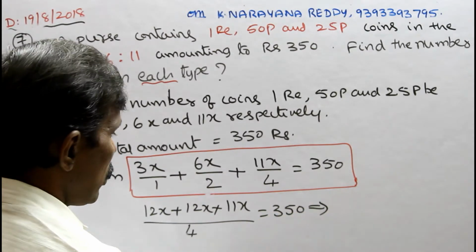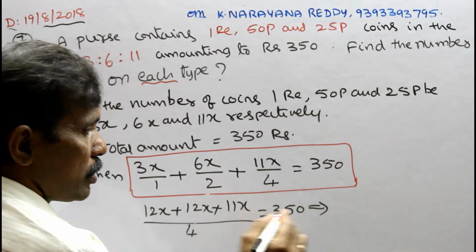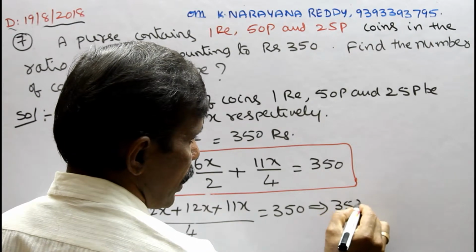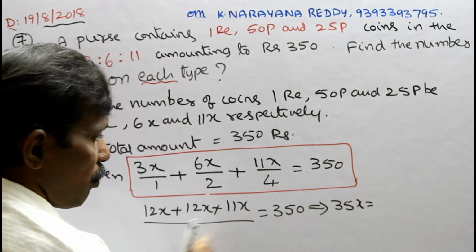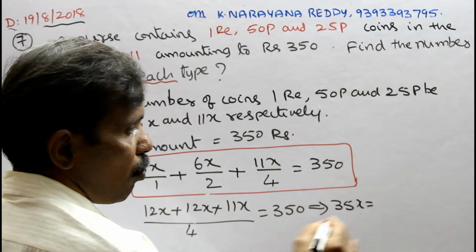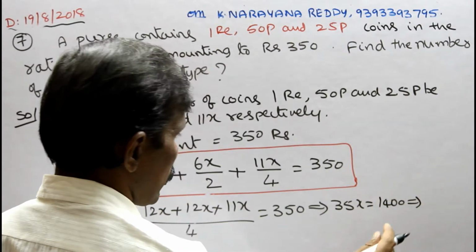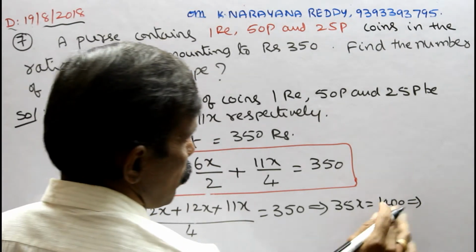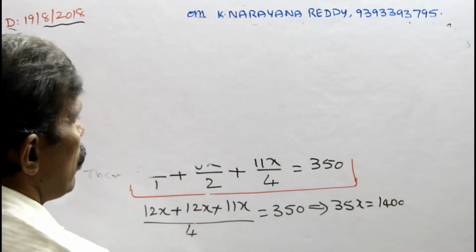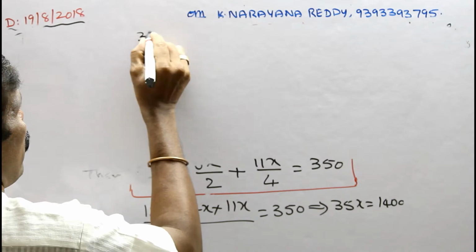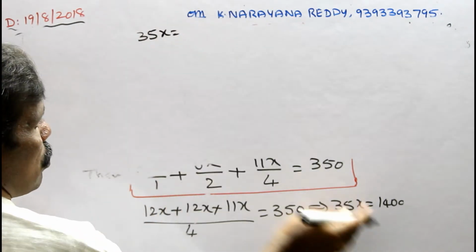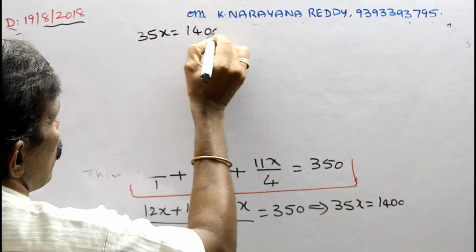That implies 12 plus 11 is nothing but 35x, equals 350 into 4, 1400. This implies x equals 35x equals 1400.